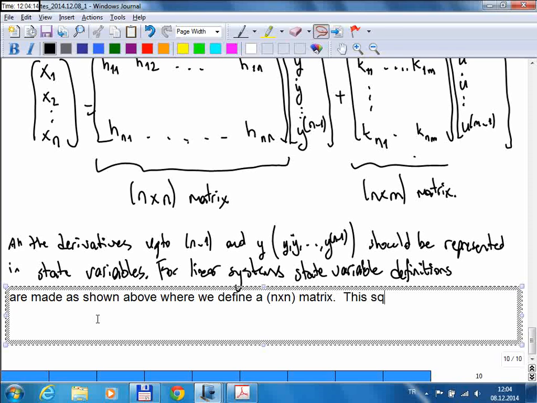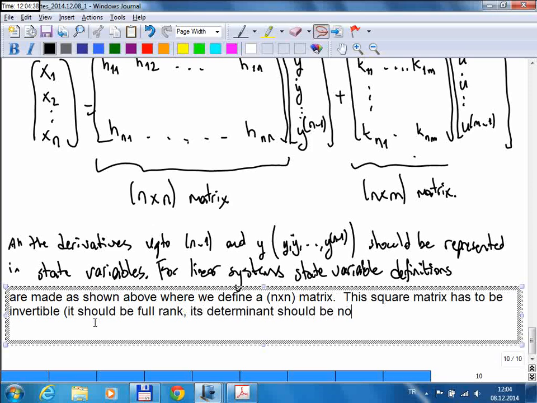This square matrix has to be invertible. That means it should be full rank, which also means its determinant should be non-zero, right? So these all mean the same thing.